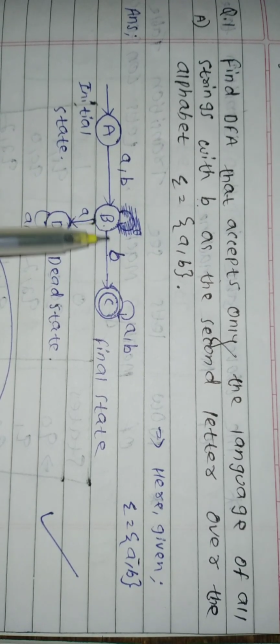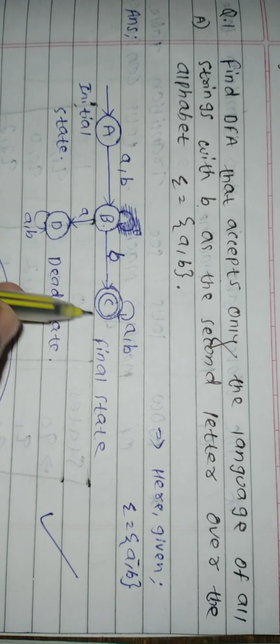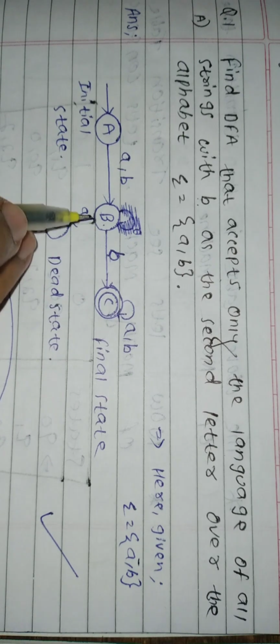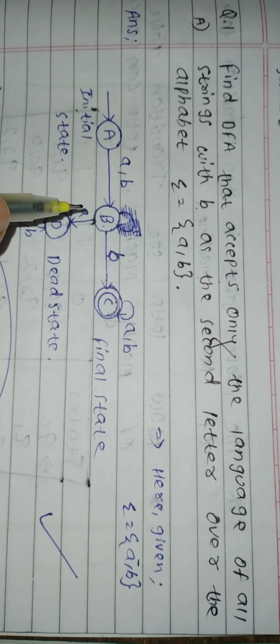If state B gets input B, then we reach the final state, we name it C. But here one condition remains, because in a DFA, that is deterministic finite automata, every input condition needs to be checked. So when state B gets A, we have to trace some transition.